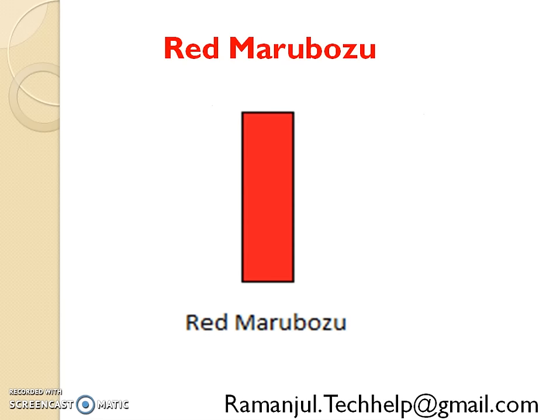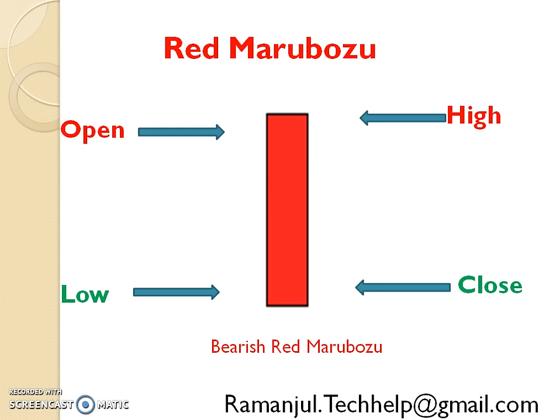Now we will go to the red Marubozu. If you see here the red Marubozu, this is also a candle we can identify in a bearish market or bearish trend. You can see open price, low price, high price and close price. In this kind of situation, this formation we will get.